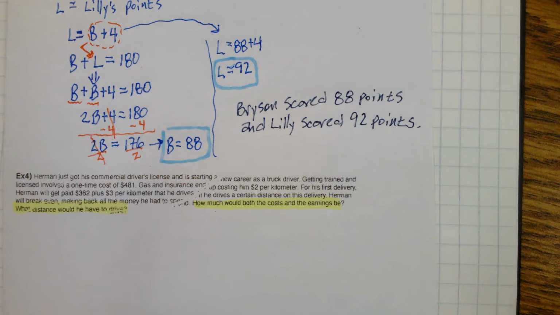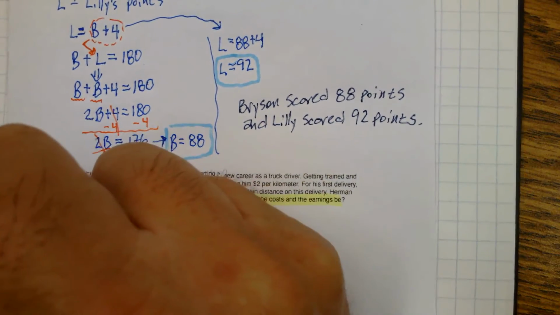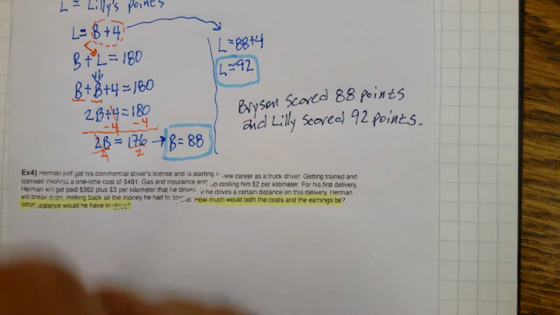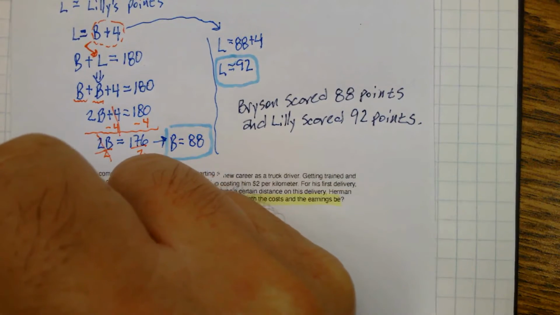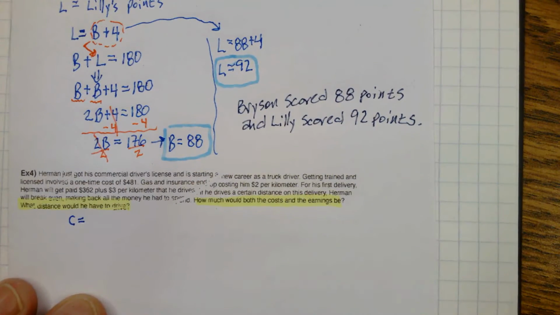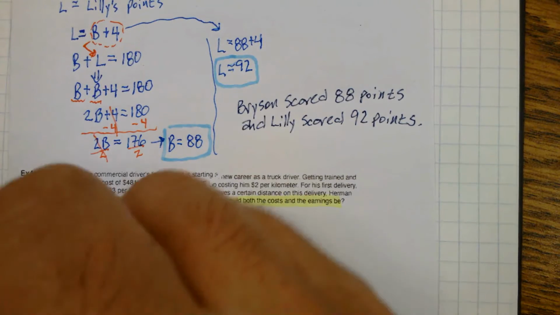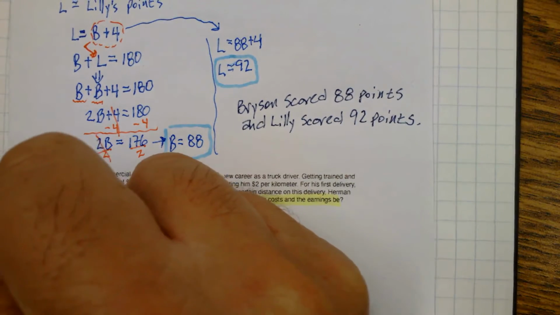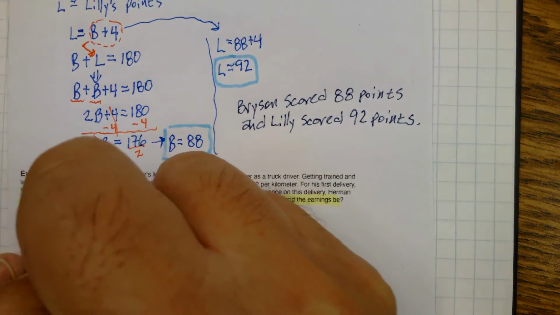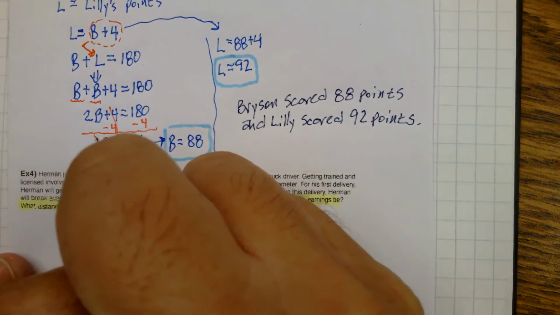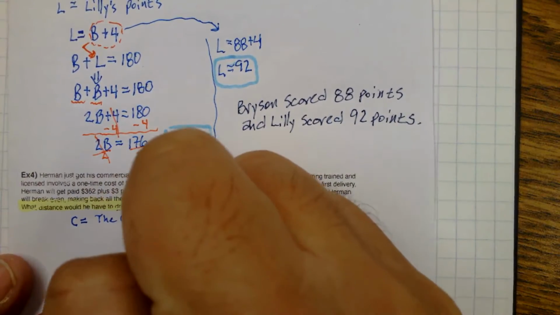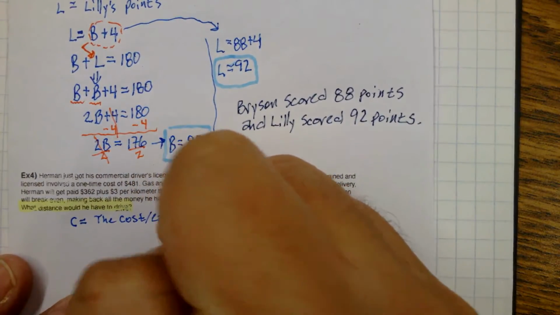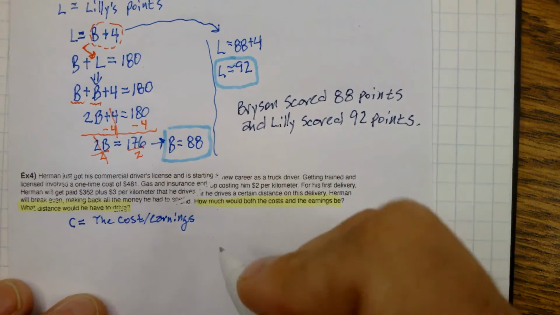Okay. So we want the cost and earnings. So I'm just going to use the variable C for that. And that's the cost/earnings, depending on the situation. Okay.